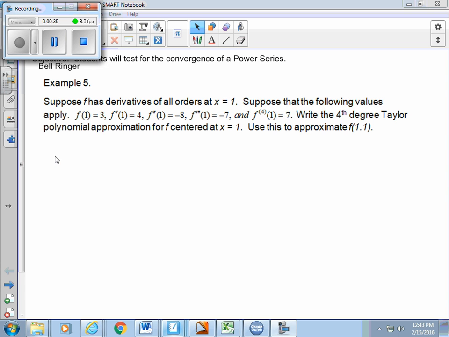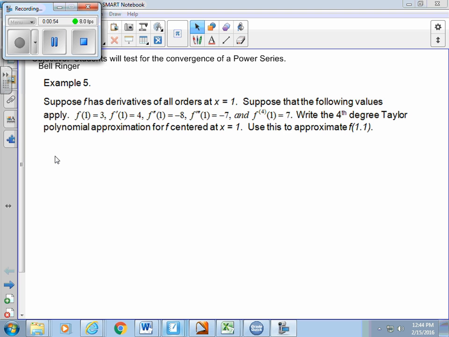The first couple examples are actually continuations from Friday. Suppose f has derivatives of all orders at x equals 1.